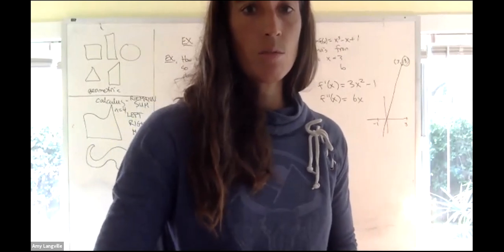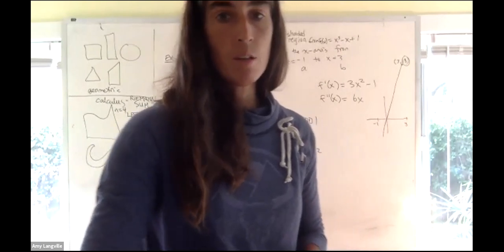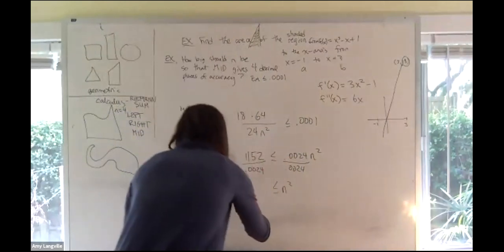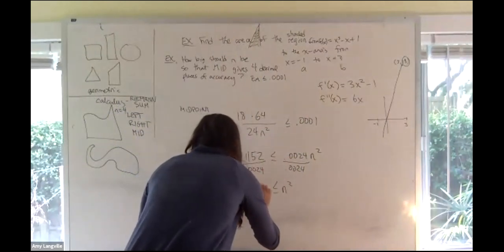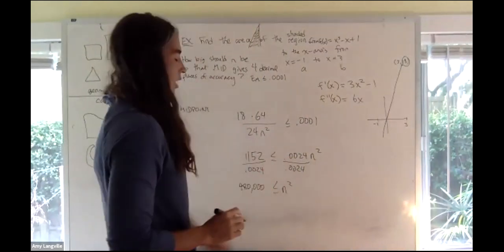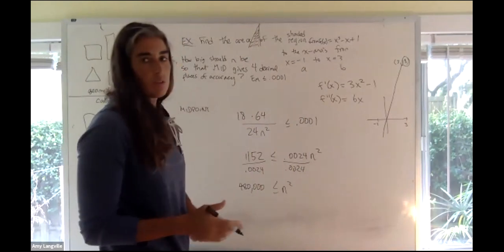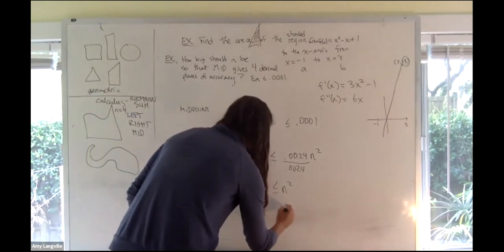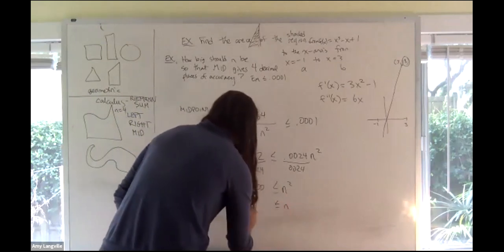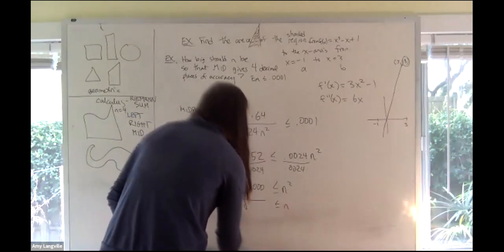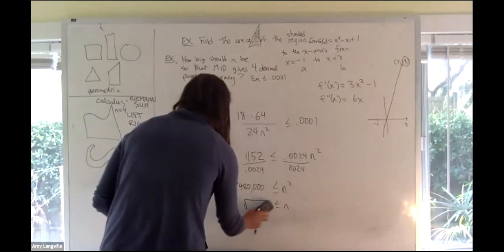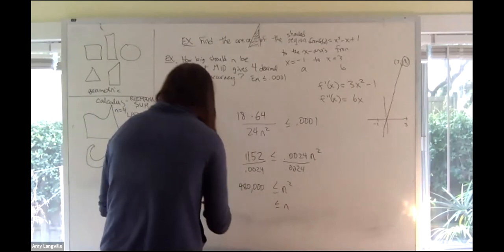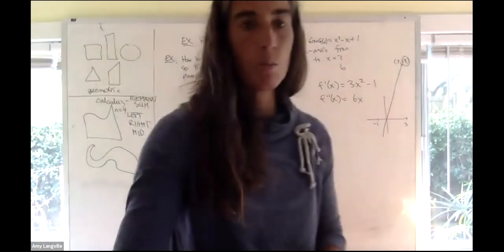We get 480,000. And then we need to solve for n. n is stuck inside a square, you do the inverse operation, square rooting, whatever you do one side, you do the other. So we'll get n is compared to this square root of 480,000. Let's just go ahead and get that calculator to help us.